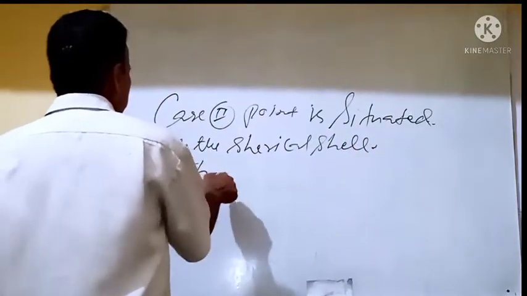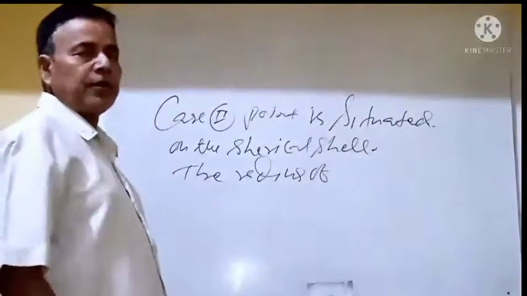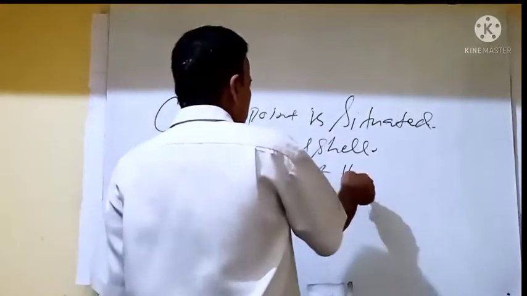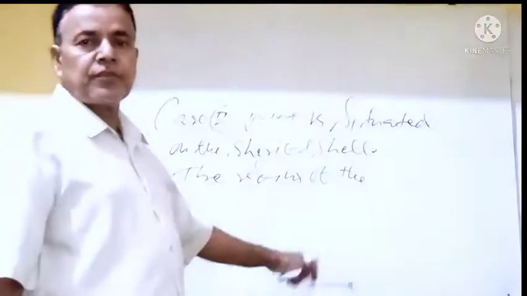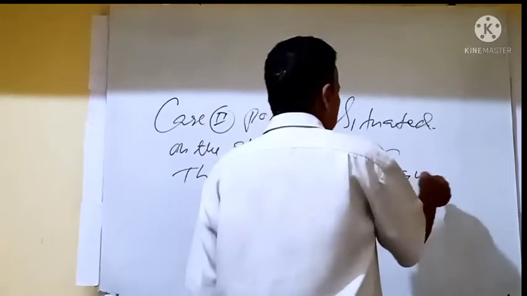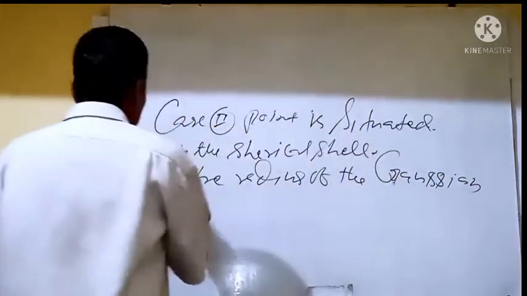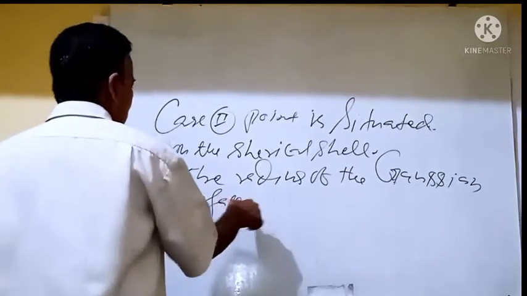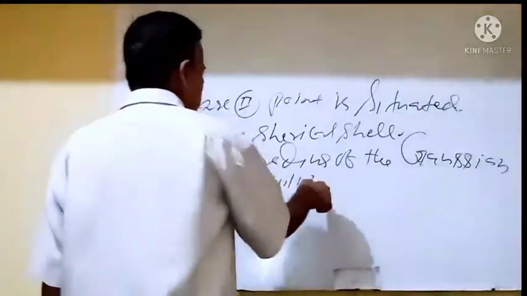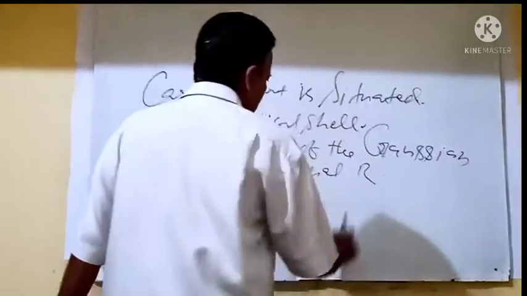The radius of the Gaussian surface will be equal to capital R. Why?